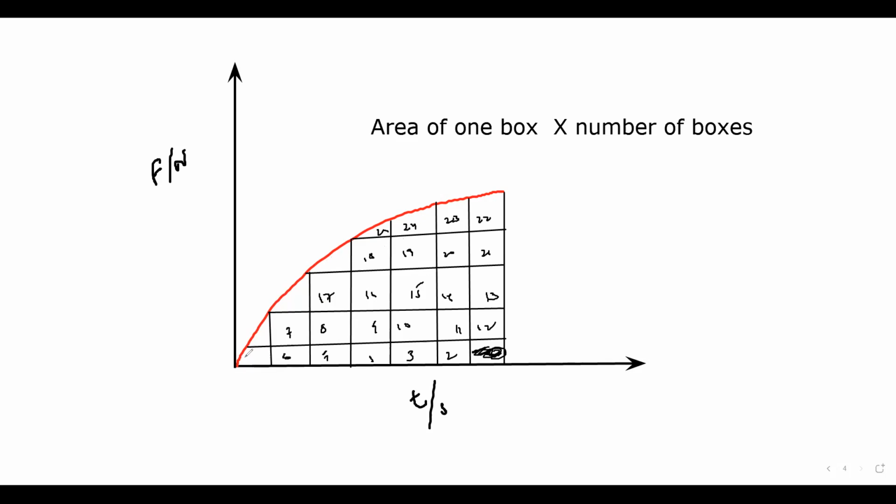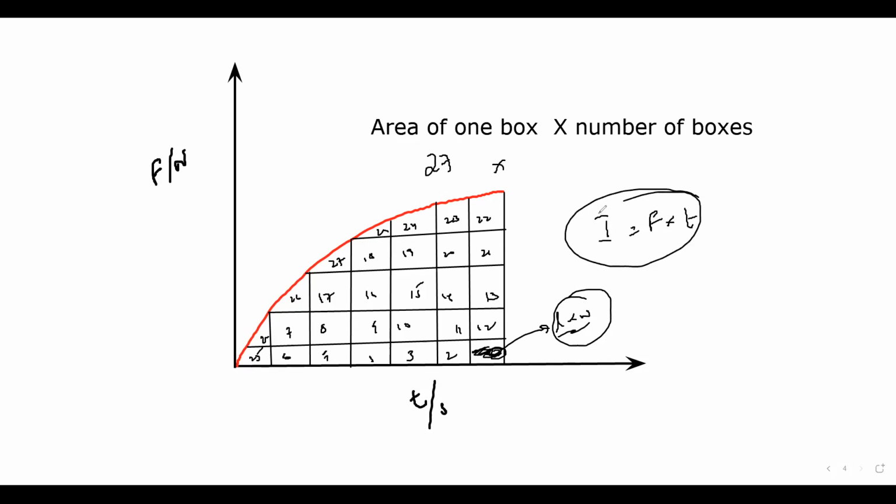Then this will be 25. This will be 26. If it is more than half, you can consider it, or a combination. So 27. The number of boxes is 27. And because it's a rectangle, length into width gives the area of one box, multiplied by the number of boxes. That will give us the impulse, which is force multiplied by time. Is it clear how we can work out the impulse for a non-linear graph?